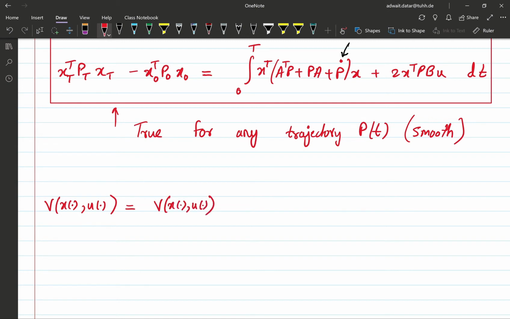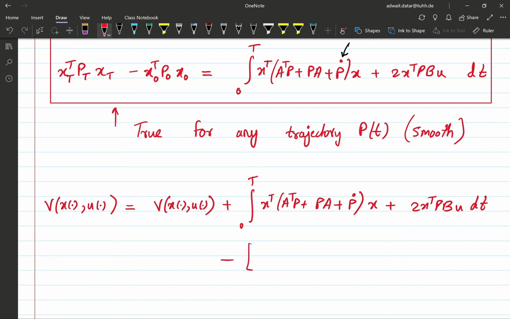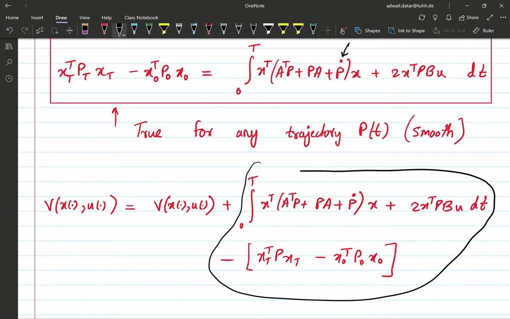We add the right hand side and subtract the left hand side. So this part will evaluate to 0 because this is equal to this.